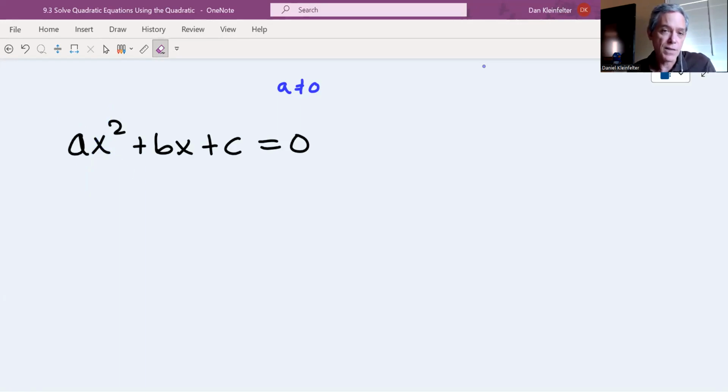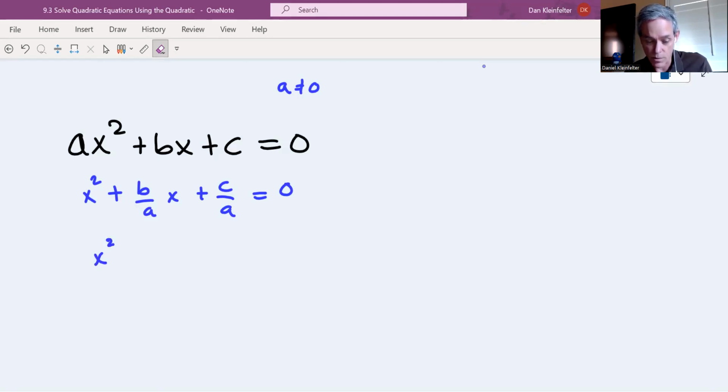So then the steps that we follow to solve a quadratic equation by completing the square are to divide throughout by a to make it so that the leading coefficient is just a 1. 0 divided by a is still 0. And then we move that constant over to the right side, or subtract it from both sides. And leave a little hole, right? We have to leave that little hole in there.